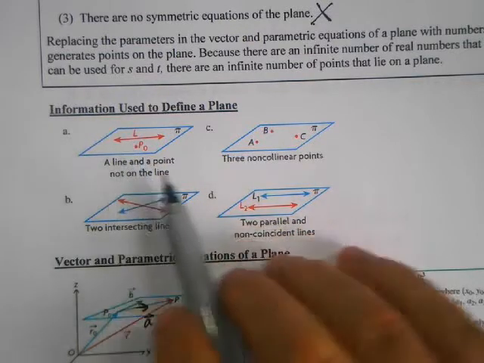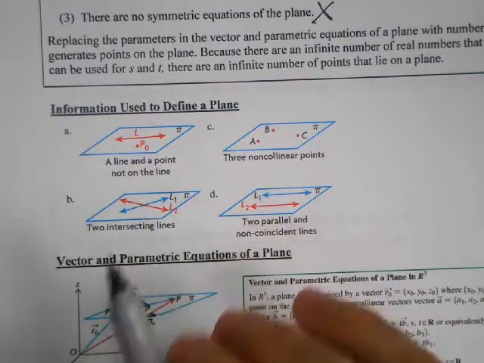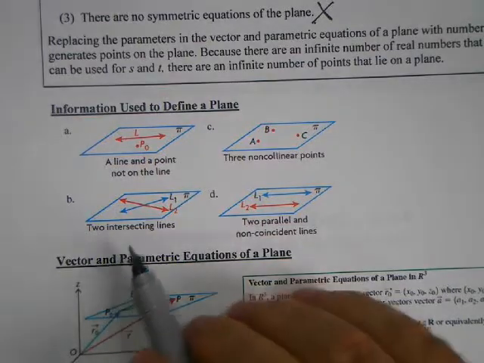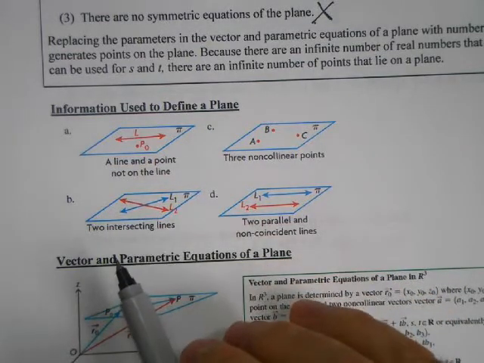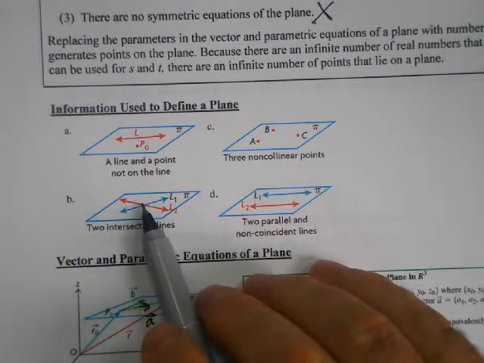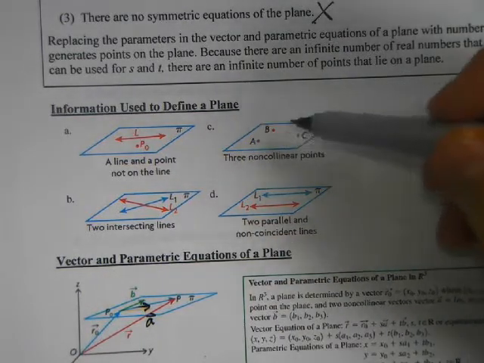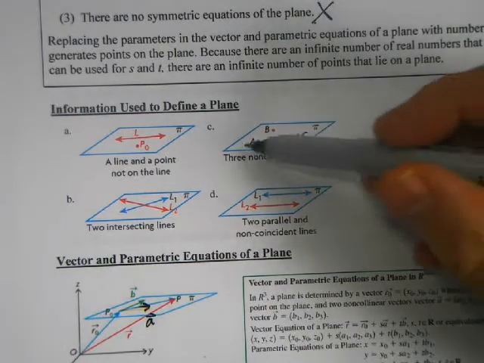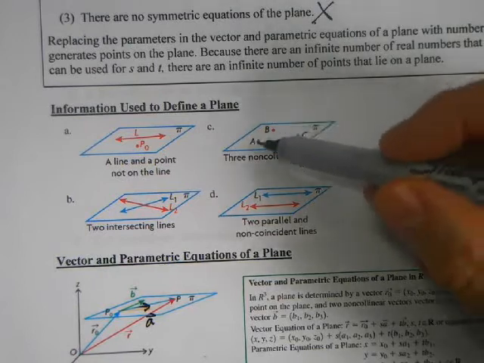Second situation, you have two lines that intersect at a point, and you can kind of see here each line will be its own direction vector, and probably the intersection point would be the position vector. Part C, this is a pretty common one. You're just given any 3 points in R3, and you'll be expected to come up with the equation of that plane.